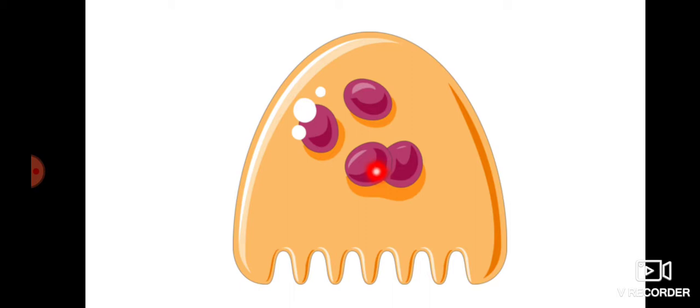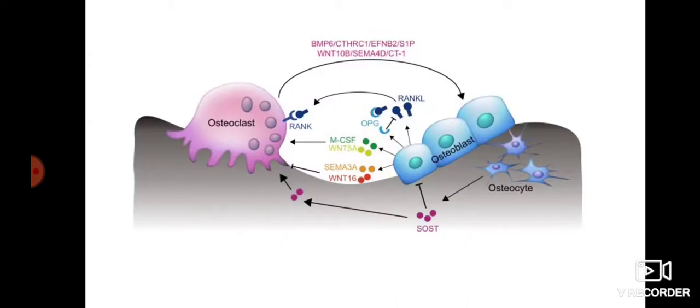So normally this is for bone shaping, but abnormally the number of osteoclast cells increases after a particular age, especially in females, and that causes osteoporosis. The peculiarity of this cell is that it is multinucleated. The osteoblast cells and osteocytes are single nucleated cells, but osteoclast cells are multinucleated.